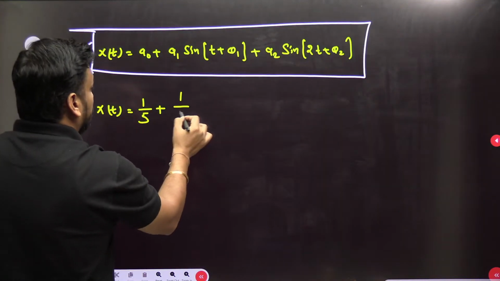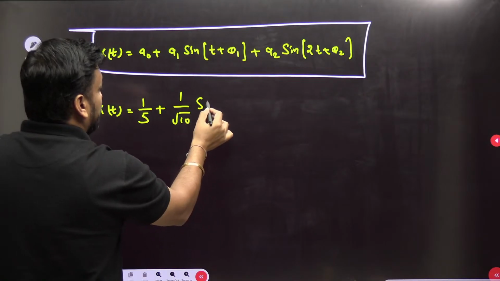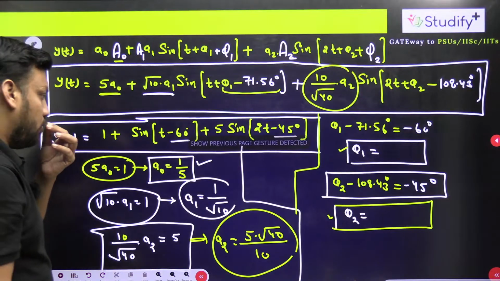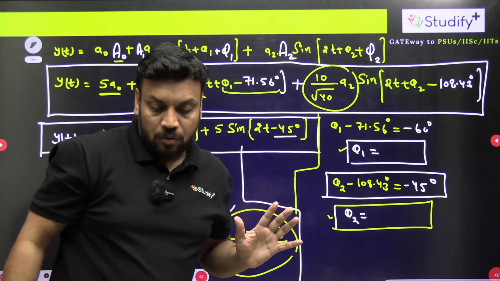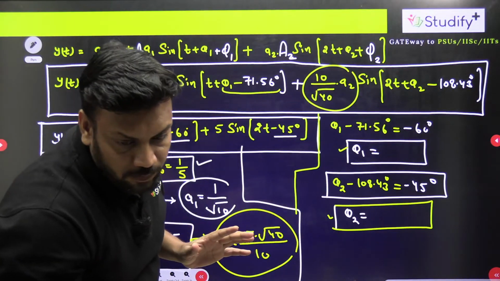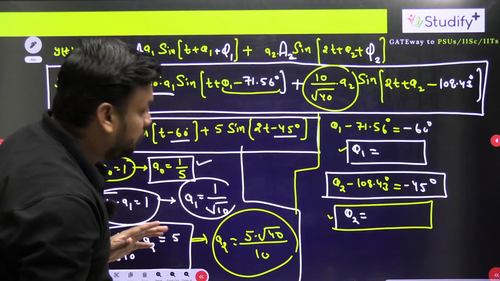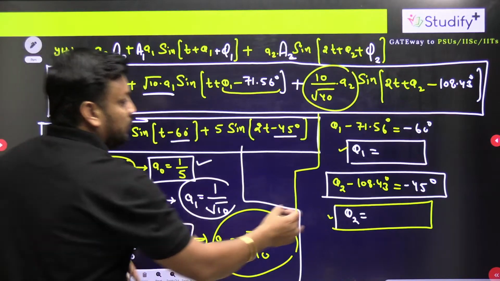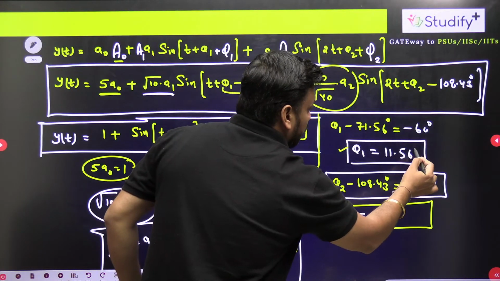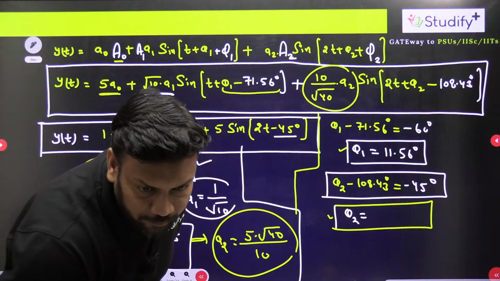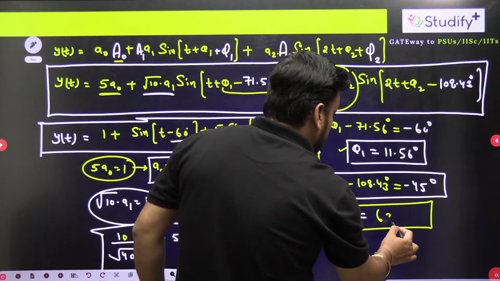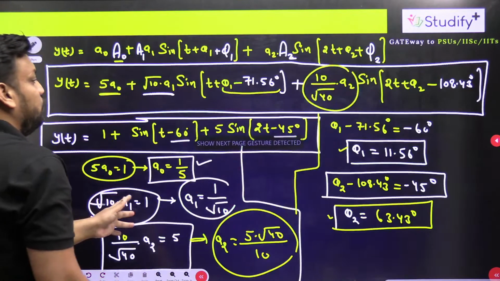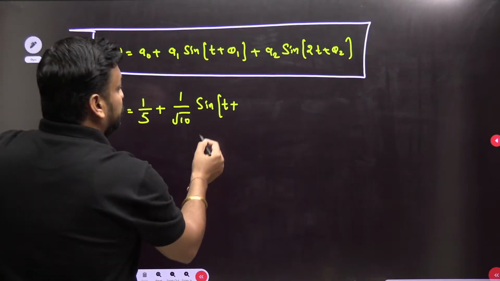So write 1/√10 into sine of t plus what is theta 1? देखो ये प्योर कॉन्सेप्चुअल क्वेश्चन प्लस कॉम्प्लेक्स कैलकुलेशन है ना. थीटा 1 का वैल्यू 11.56 बोल रहे हो, ठीक है. मैं लिख देता हूँ यार डायरेक्टली. थीटा 1 का वैल्यू आया है सर 11.56. जो बोल रहे हो वो लिख रहा हूँ मैं. और ये 63.43 डिग्री.